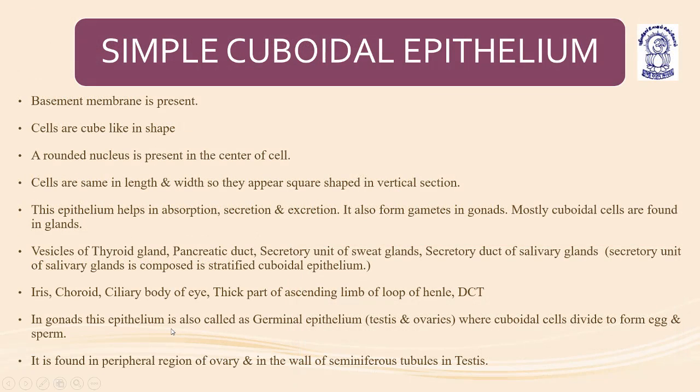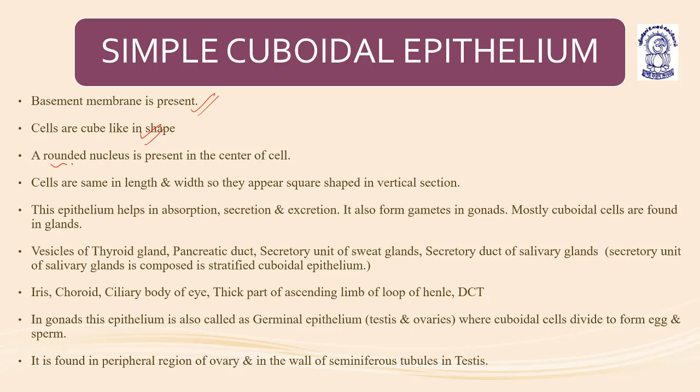Now, simple cuboidal epithelium. The cells are cube-like in shape. Basement membrane is present. In simple cuboidal epithelium, you can see that the basement membrane is present, and most importantly, the cells are cube-like in shape.